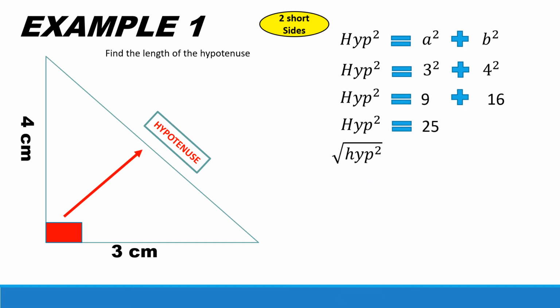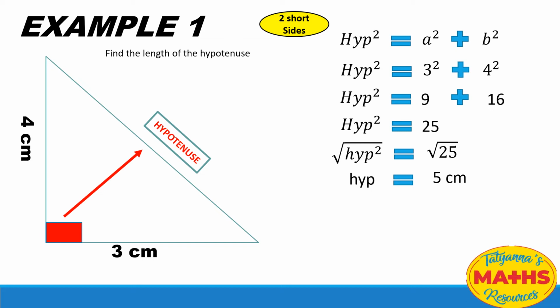We're going to square root both sides of the equation. The square root of 25, when we do that, we're going to get the hypotenuse. The hypotenuse is equal to the square root of 25, which is 5. So the length of the hypotenuse in this right angle triangle is 5 centimeters.